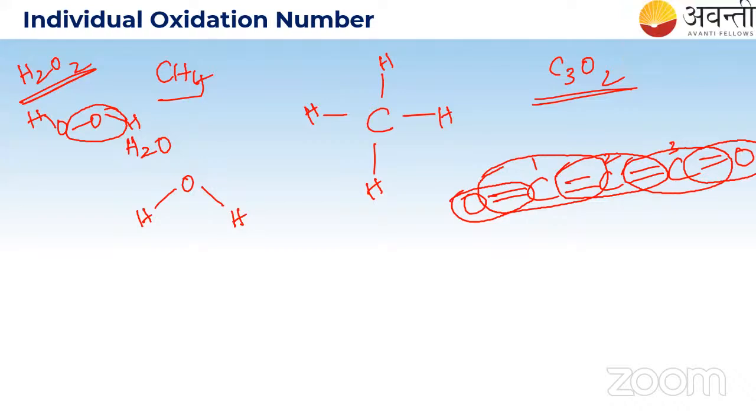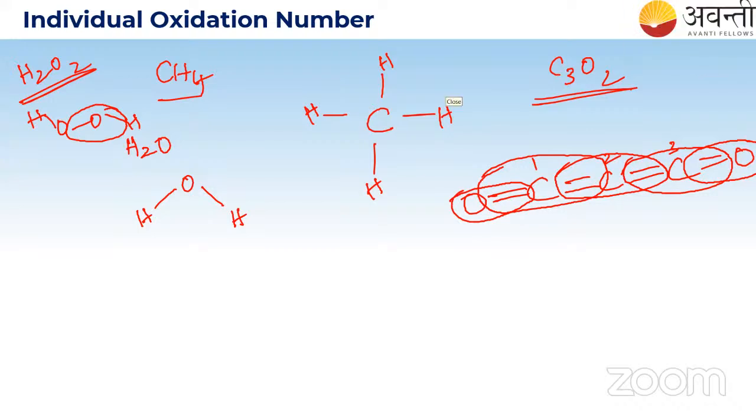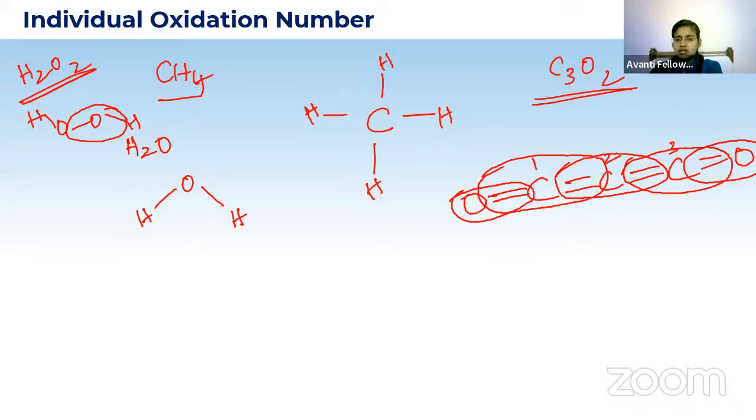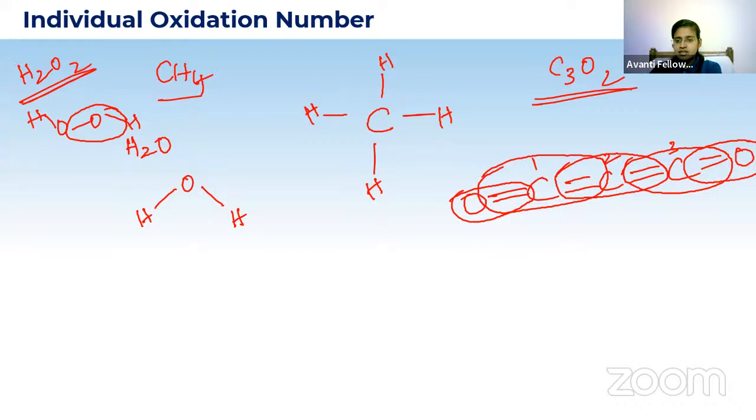Ma'am, any doubt? Yes, ma'am. Did I address your question before? In the earlier question, we have Br3O3, ma'am. In that, O3 is 3 in number. Is this the same doubt you also had in the previous example? Yes, ma'am.